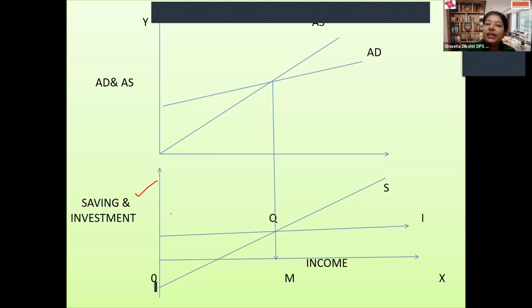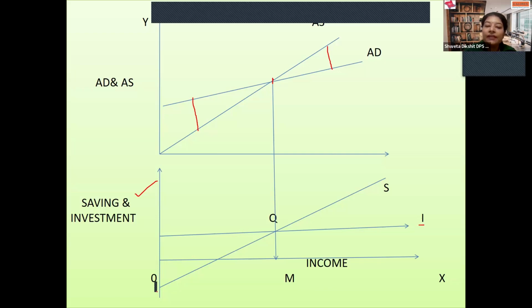I had already explained the AD AS equilibrium at point E here. And I had also explained that this is the phase where AD is greater than AS, and this is the phase where AD is less than AS. Now coming to the S and I approach. You can see that this is the S line or S curve, which is moving upward because we know that as income rises, saving also rises. And you can look at this horizontal line parallel to the x-axis, which is the investment curve.